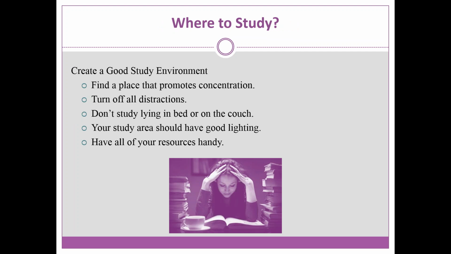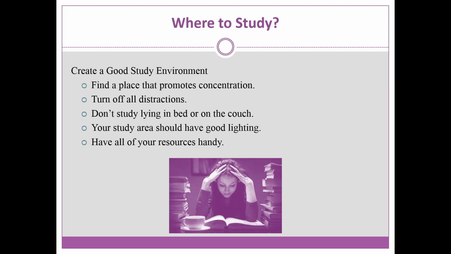I also want to take a minute to discuss a study environment. Oftentimes students will think it's a great time and place to study at 9 to 10 a.m. in Starbucks. Well, they get to see all of their friends, and it could be great for the social aspect. It's not going to be a great place to study because there will be a lot of distractions.